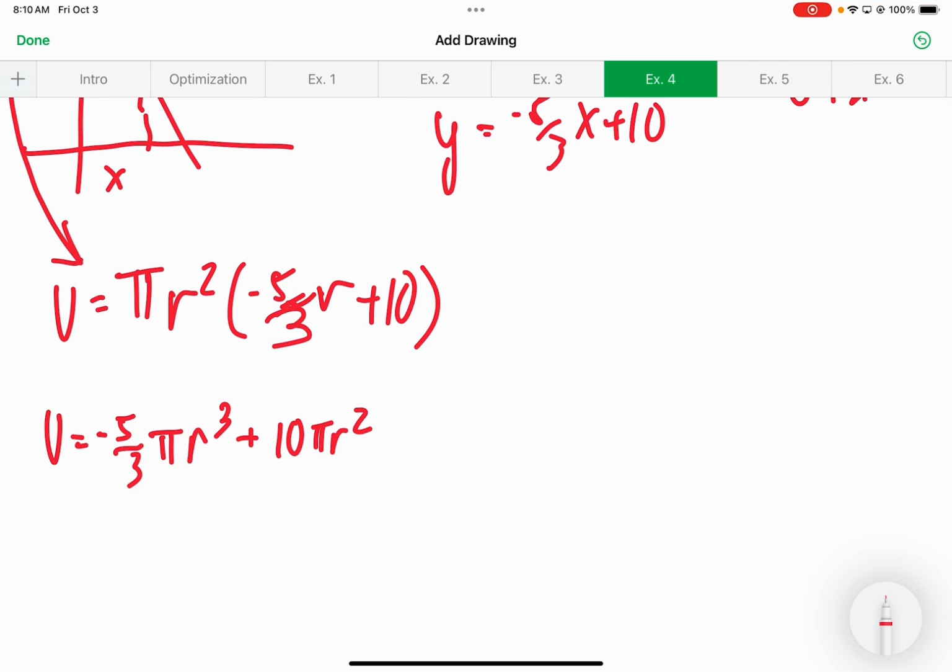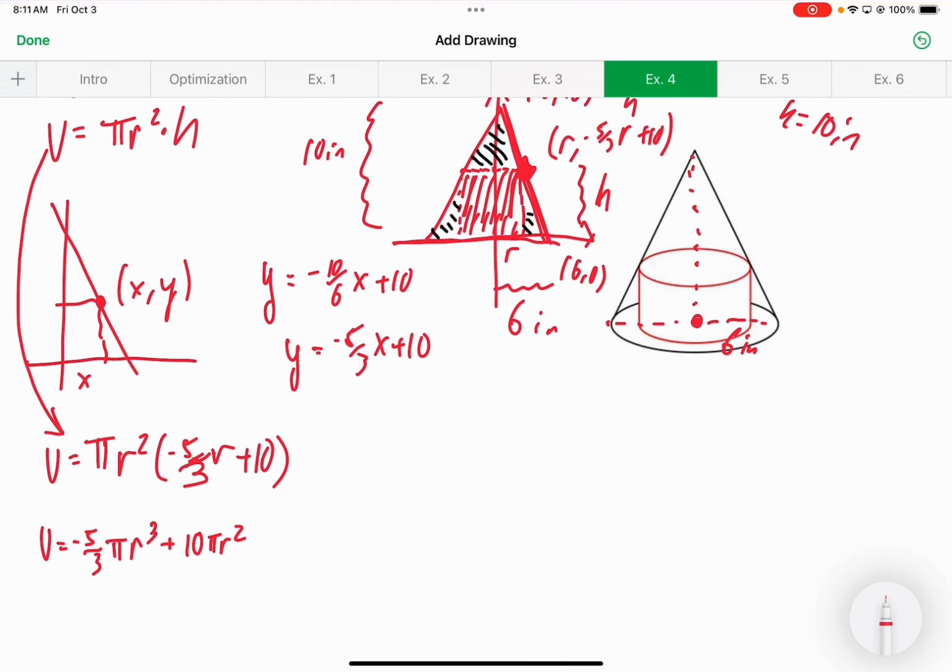And I'm confident that at this point, you guys can take the derivative, set it equal to 0, and find your value. The toughest part is leading up to that point. So leading up to the point where, okay, use the cross-section, but then how do I come up with an expression for the height in terms of my radius? I've got to relate that relationship together. It's bounded within there, so I have to use that as my limiting factor.